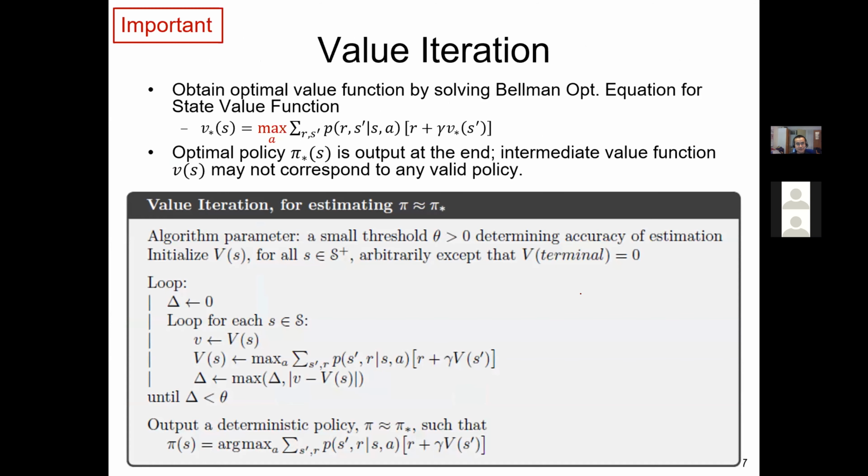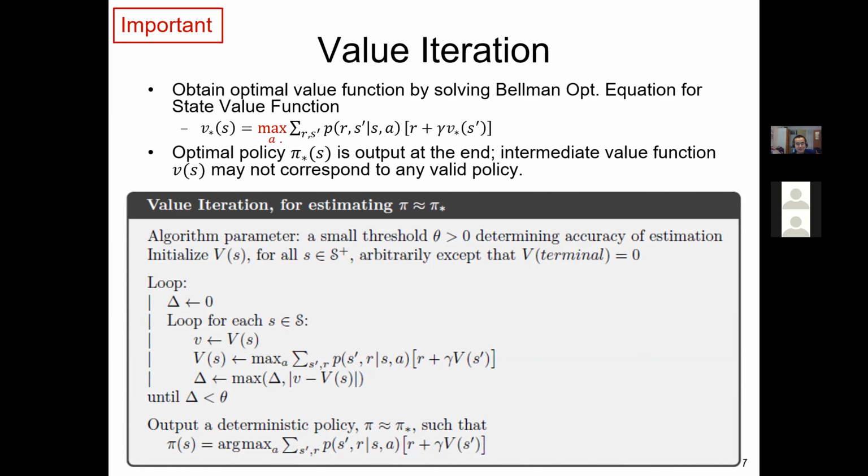So value iteration is to solve the Bellman optimality equation for the state value function, with the max over a here instead of the expectation over a for the Bellman expectation equation.